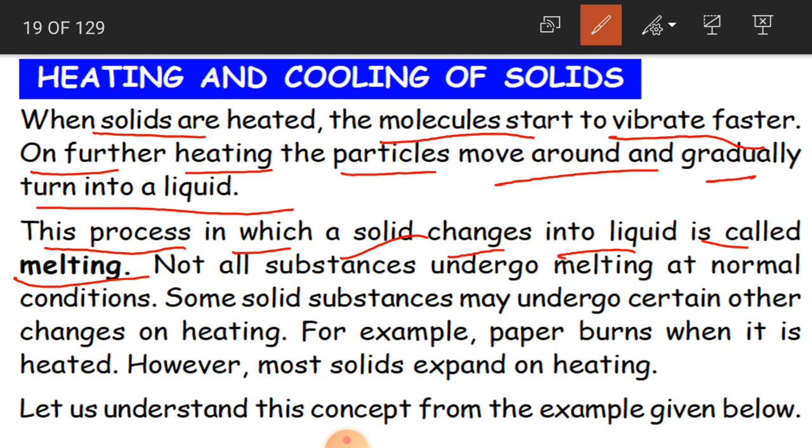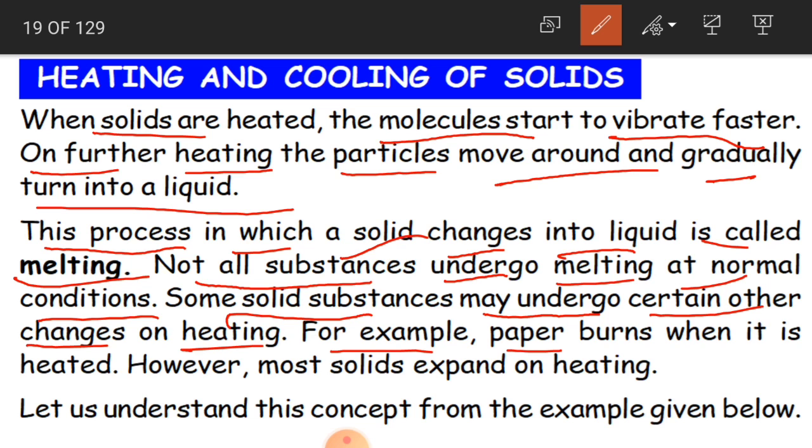Clear, children? Not all substances undergo melting at normal conditions. Some solid substances may undergo certain other changes on heating. For example, paper burns when it is heated. However, most solids expand on heating.